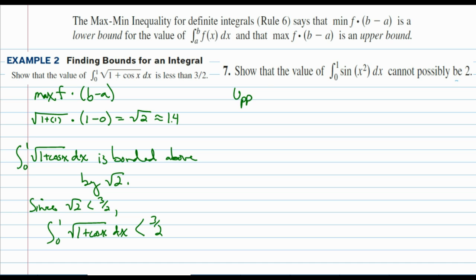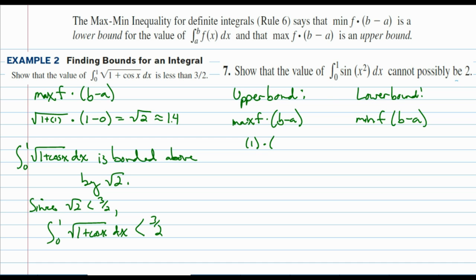The upper bound is going to be the max of f times b minus a. The lower bound is going to be the min of f times b minus a. The max of f, the maximum that the sine of anything can be, is 1. So that's 1 times 1 minus 0, so our upper bound is 1.